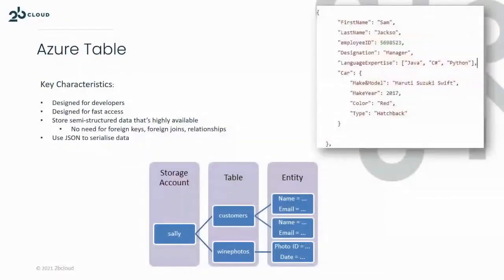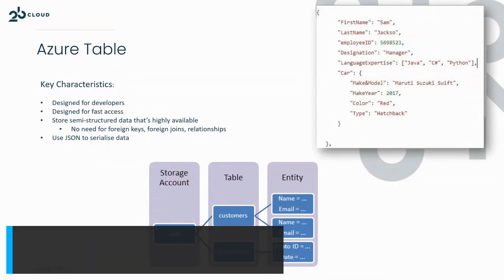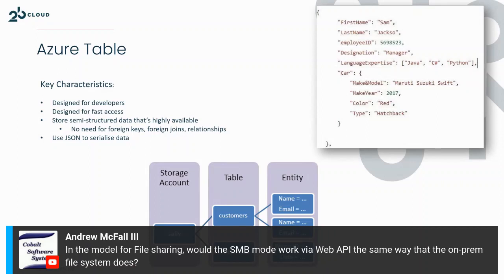We do have one question in the chat. Question: in the model of file sharing, would an SMB work via a web API the same way that an on-prem file system does? Again, I'm sorry, could you please repeat the question? Sure.